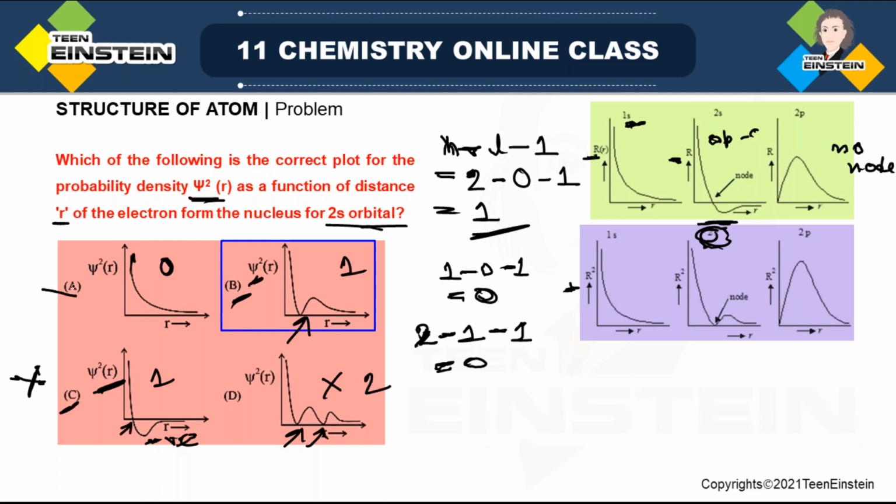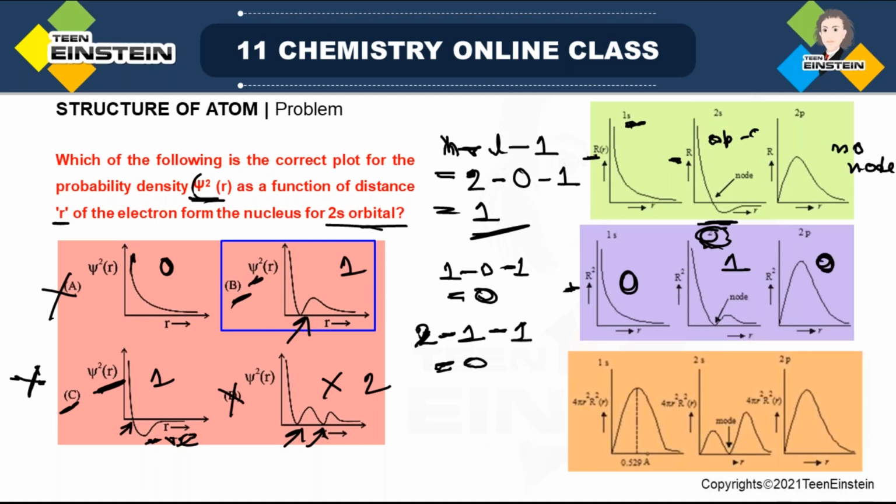So you can easily cancel option A and option D, but between B and C we have chosen B, because negative sign should not be there, as it is chi-square. It is already mentioned in the question, it is chi-square versus R graph. Okay, now when it is changing from R to R square, don't think that node will be changed, node will remain the same. So that is the reason here also you can see 0 node, 1 node, again 0 node.